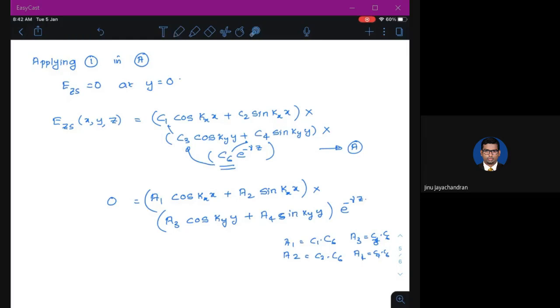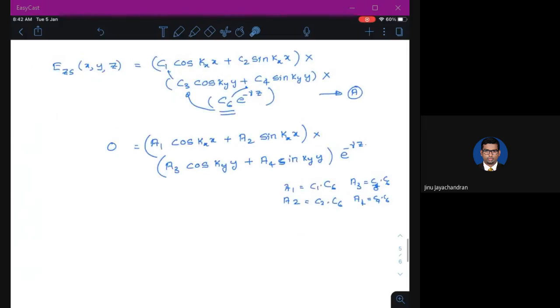I just multiply this constant C6 with all these constants. That's all. So I renamed it as A1.